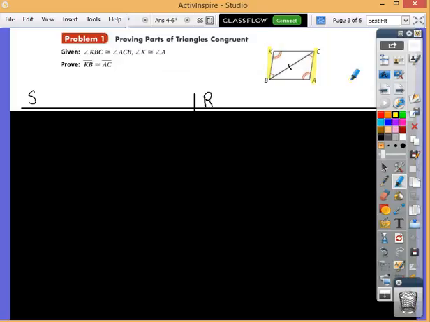I'm going to look for ways to prove that the two triangles are congruent. Then once I get the triangles congruent, I can then use CPCTC. Remember, you can only use CPCTC if you have a statement somewhere in your proof before CPCTC that says triangle whatever is congruent to triangle whatever. So let's go down my proof.